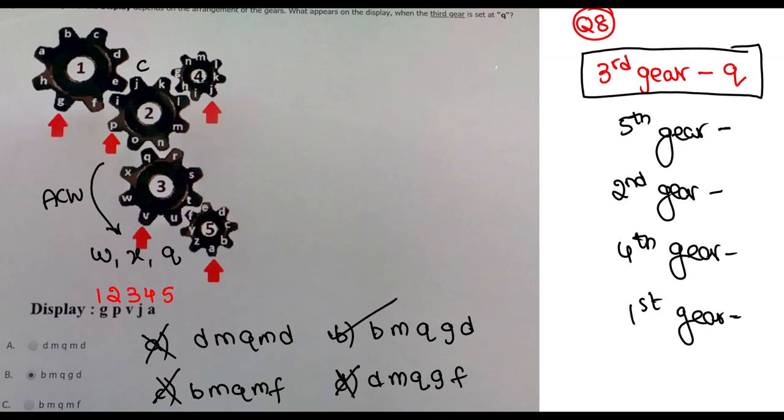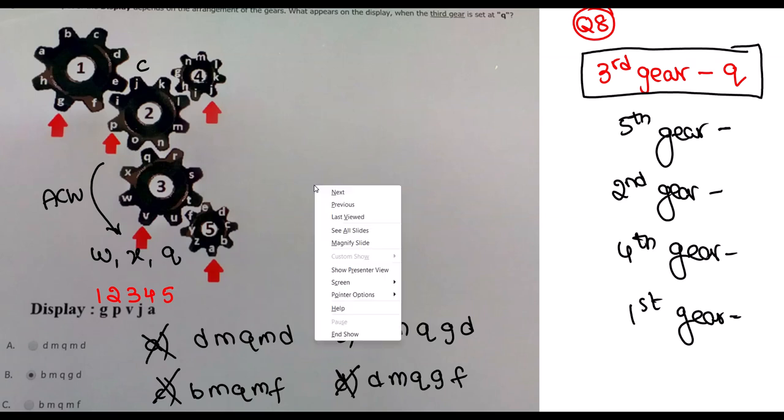Now when third is anti-clockwise, the attached one should be clockwise, dear. Do you understand? Third is anti-clockwise, second and 5 will be clockwise. Automatically that will be in clockwise.